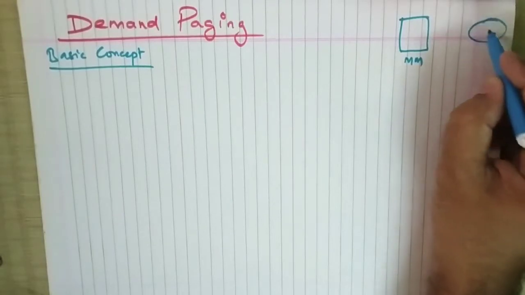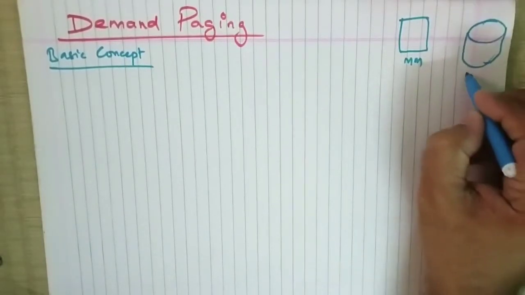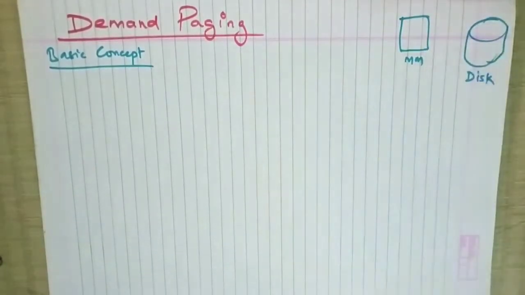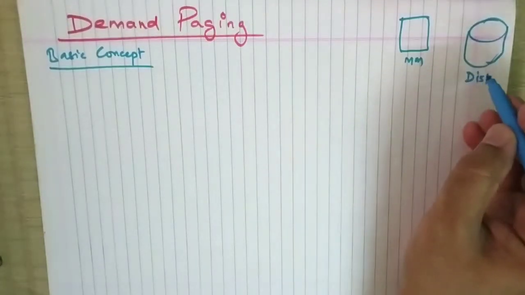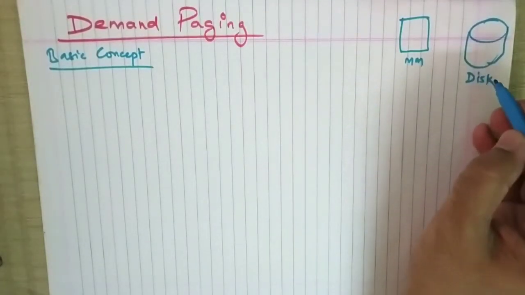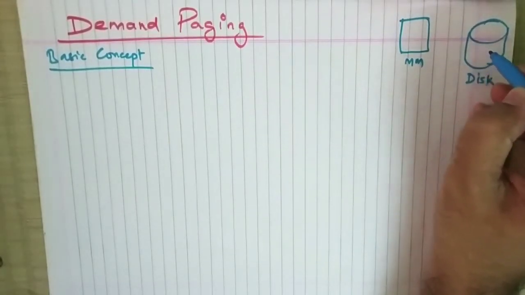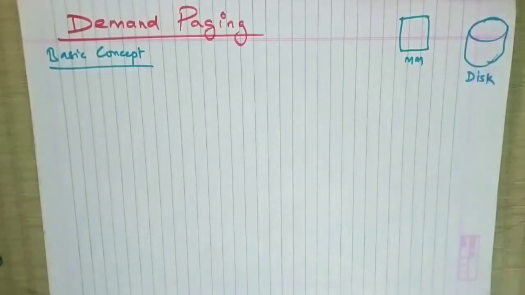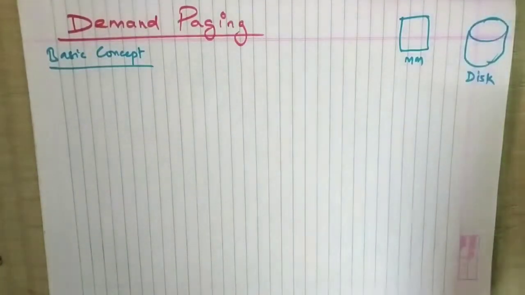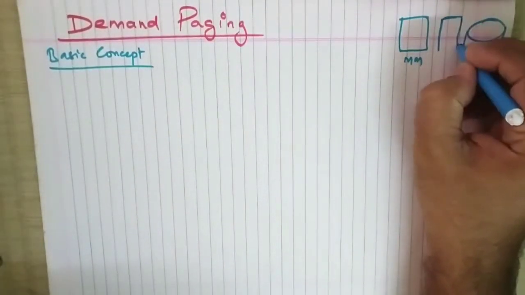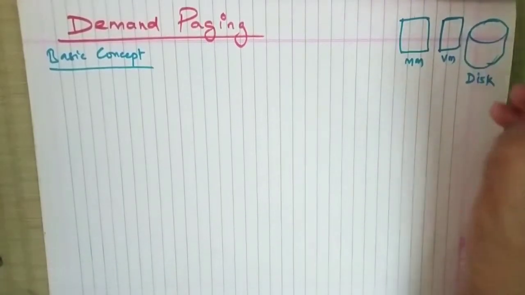I need some amount of memory from the disk space to add into the main memory. That amount of memory space will be called virtual memory, because we are adding it to the main memory. I have taken this virtual memory out from the hard disk.